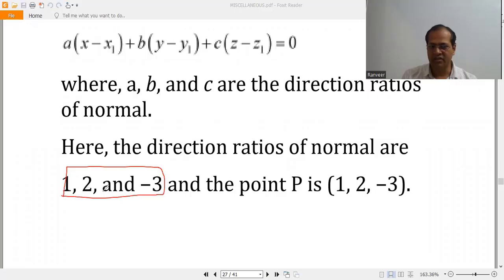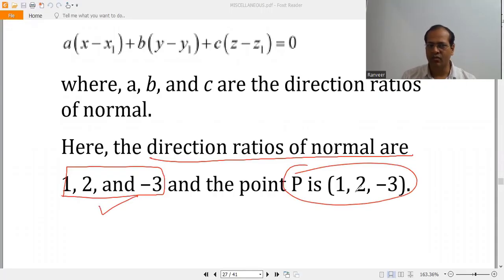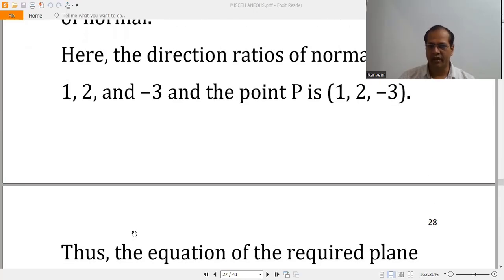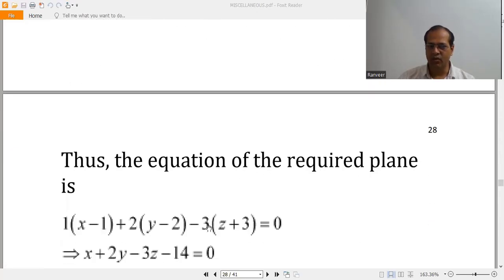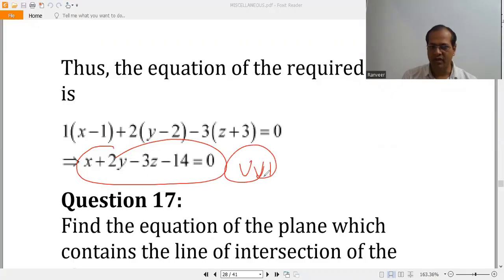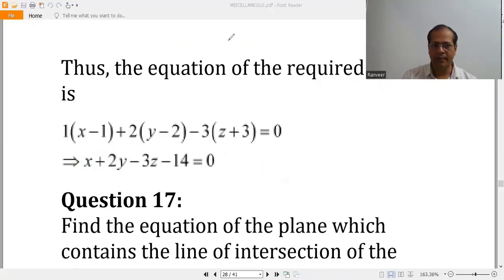So the direction ratios of the normal are 1, 2 and minus 3, and the point through which it passes is 1, 2 and minus 3. We just substitute both into the equation and get x minus 1, with direction ratio 1, 2 and minus 3, and the point 1, 2 and minus 3. So we get the required equation of the plane. This is a very, very important question.